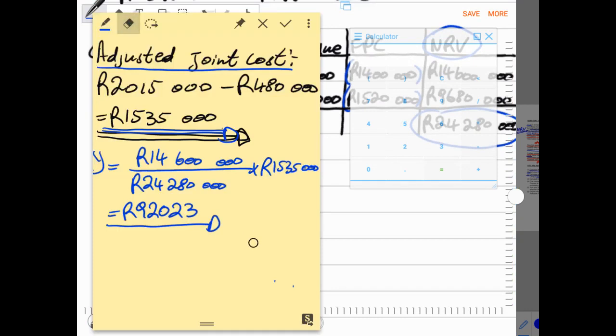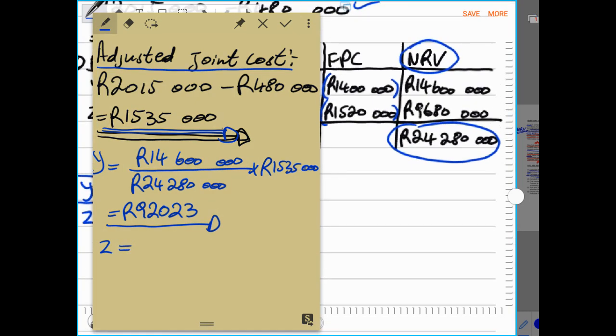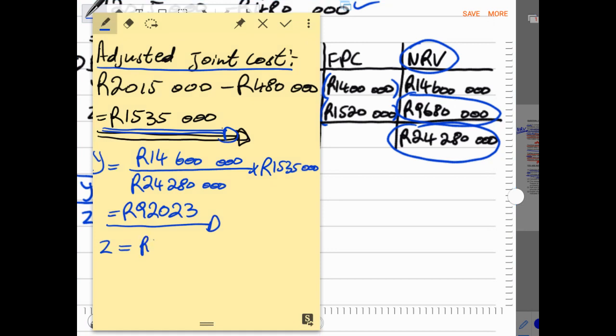For product Z, it will be the net realizable value of 9,680,000 rands, and we divide this by the total net realizable value of 24,280,000 rands. And we multiply once again by the adjusted joint cost of 1,535,000 rands.